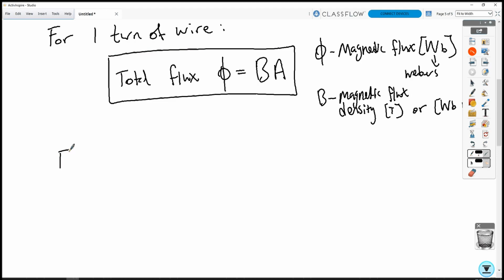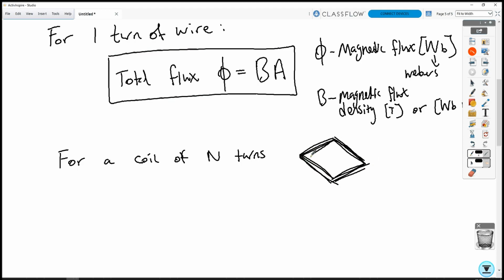Now, for a coil of N turns, that would basically look something like this. So there's N number of turns in this coil. Each loop has that flux going through it.